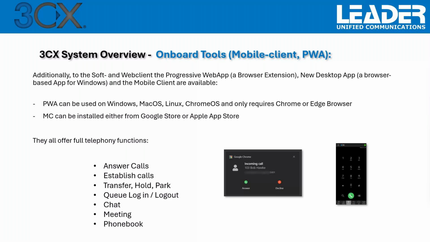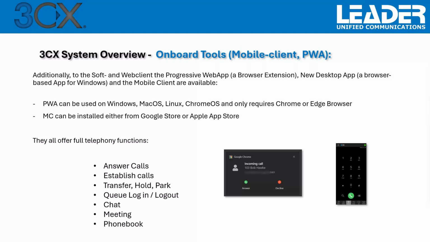So we have the full flexibility of making calls and receiving calls on an internal level, because we are still an internal extension, even if we are not on site. Which is very useful when we are on the go. Doesn't matter where we are, if we are at an airport or in another country, as long as we have an internet connection, the mobile client will connect.